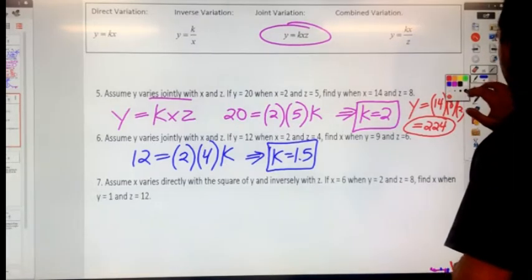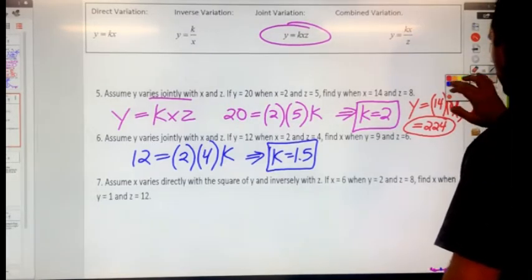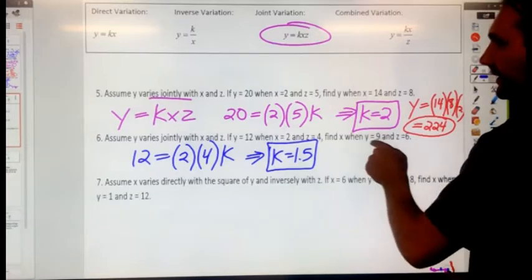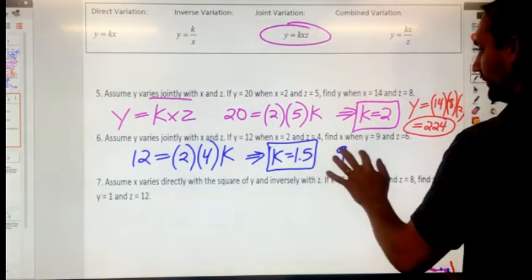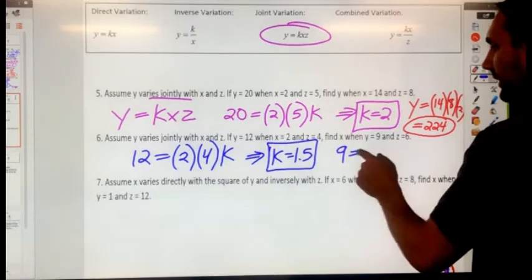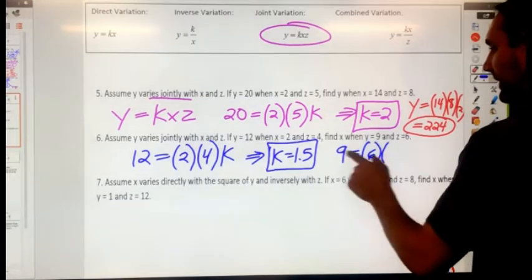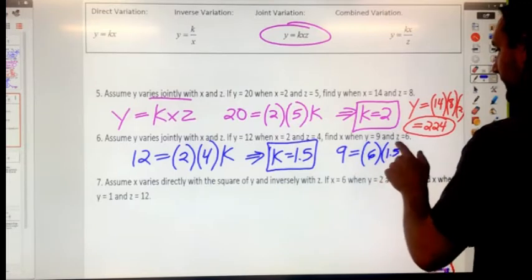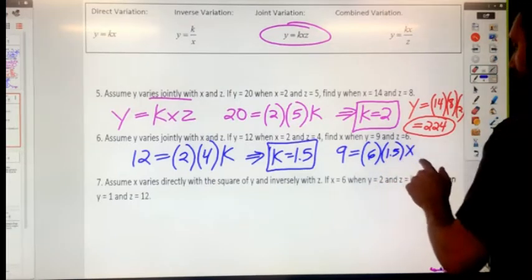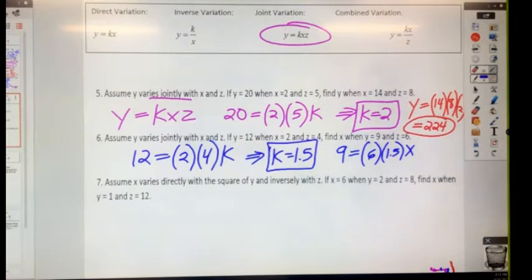So let's see, y is 9, so 9 equals. I have z, which is 6. I know my k value, which is 1.5, and I'm missing my x. So it's going to be 6 times 1.5, which is 9.